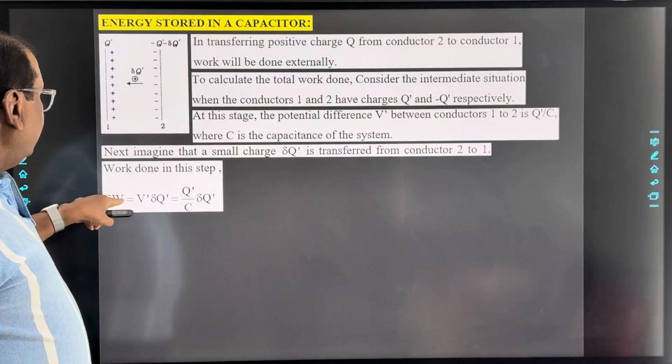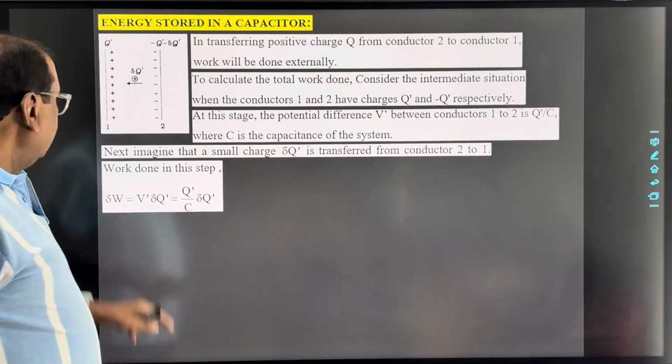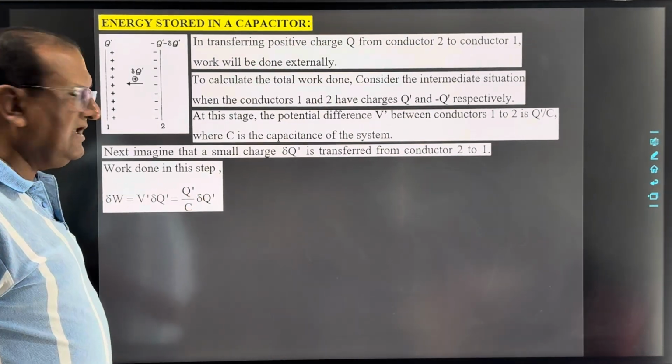So delta W equals delta Q' times V', and V' is Q'/C, so delta W = (Q'/C) delta Q'.